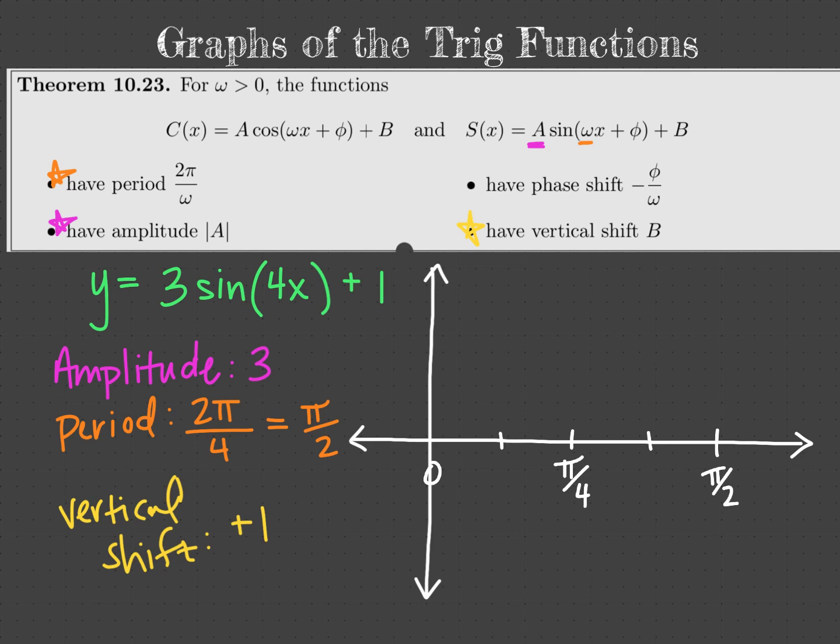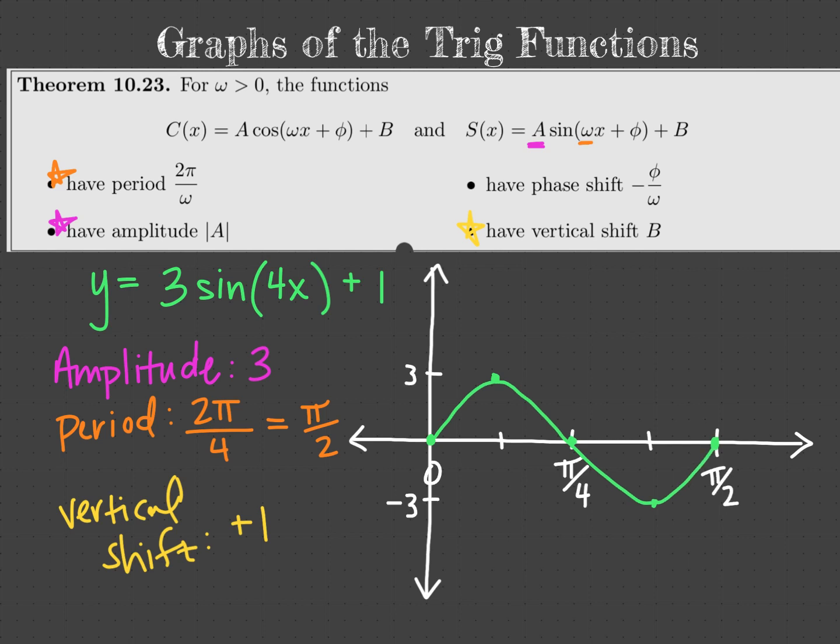Then we can easily graph it from here. I put my amplitude on here, and then I'm going to graph those 5 main sine points. Sine starts at 0, goes up to its maximum point, back to 0, down to its minimum point, and back to 0. The final thing that we take into consideration is that vertical shift.